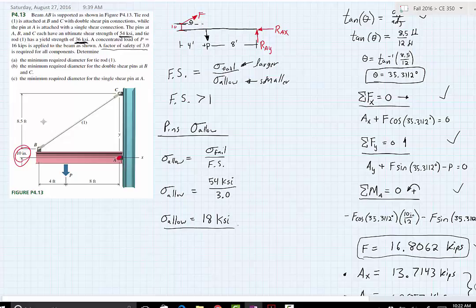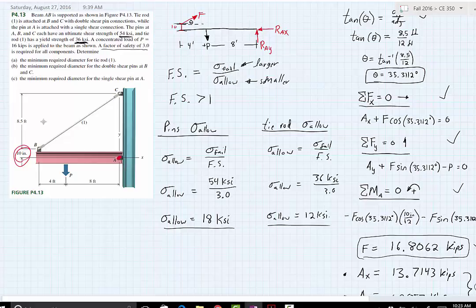And for our tie rod, same steps, just a different failure stress. So stress allowable is going to equal our 36 KSI divided by 3, 12 KSI.